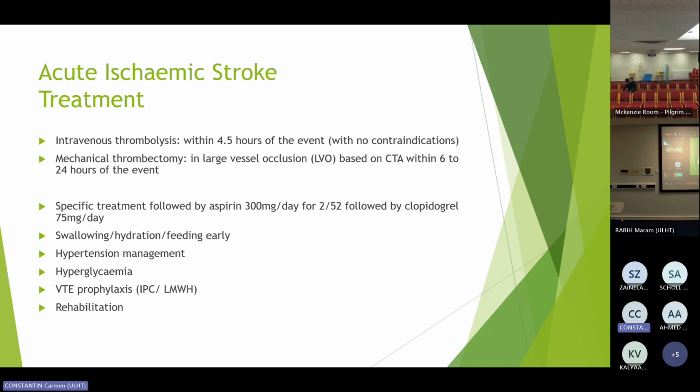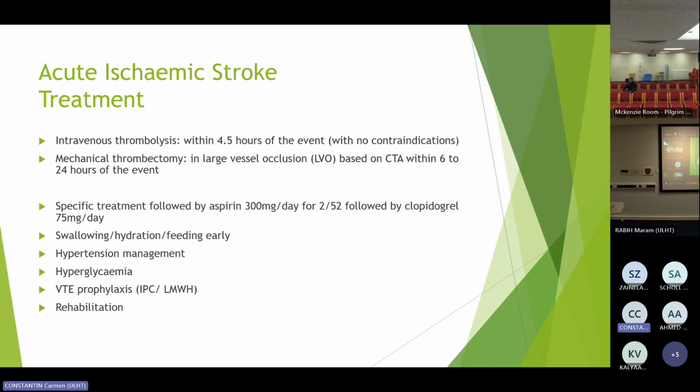In mild stroke, which is not covered here, we can have dual antiplatelet exactly like in TIA. This is what the present guideline states, for 3 weeks, and after that, single antiplatelet clopidogrel long term.